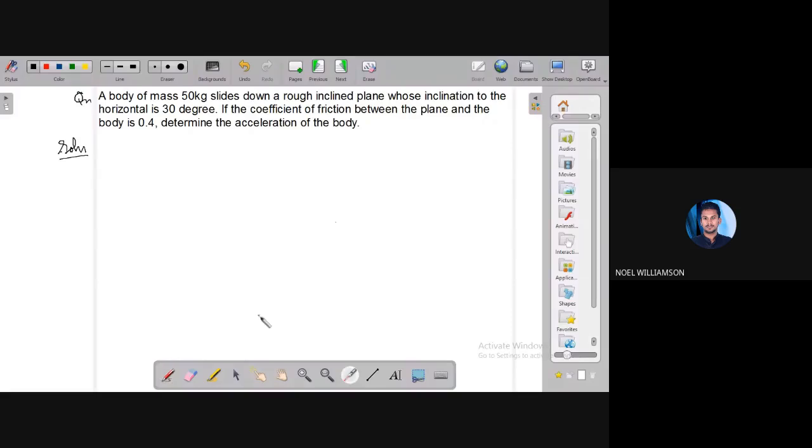So what is given in the question? A body of mass 50 kg. Kg means mass, and it is given mass 50 kg, not weight. Mass 50 kg slides down a rough inclined plane whose inclination to the horizontal is 30 degree. So there is an inclination with the horizontal of 30 degree. So we can draw the figure.